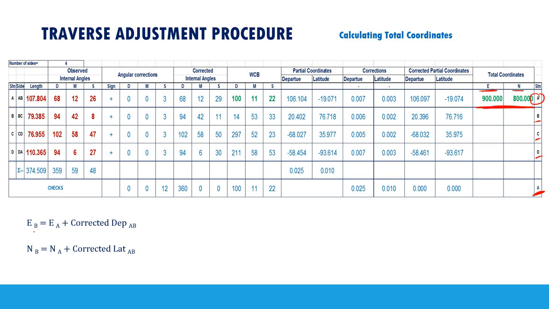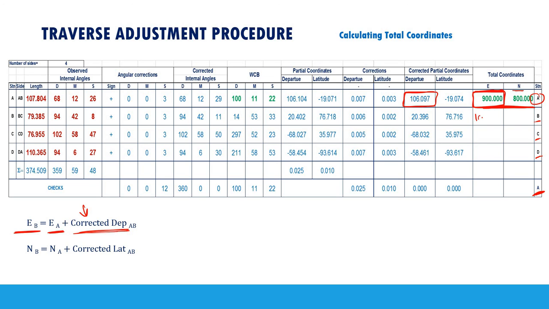This is the relation for calculating easting of B, which is easting of A that we started from, plus the corrected departure value of line AB. So this is easting of A, 900, plus the corrected departure value, 106.097. So 900 plus 106 would be 1006.097.